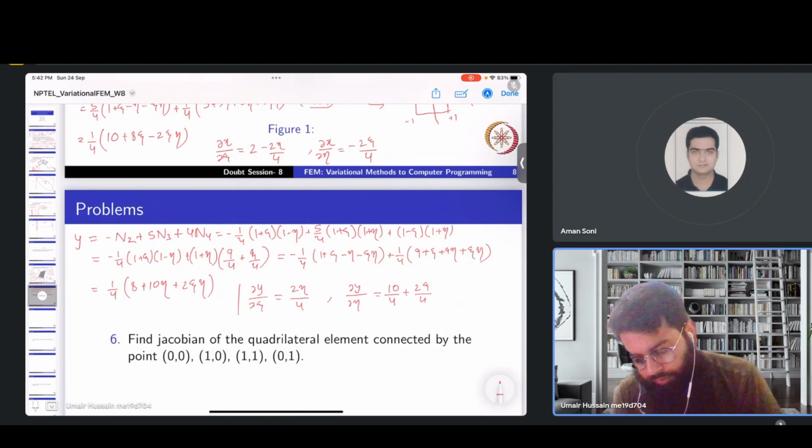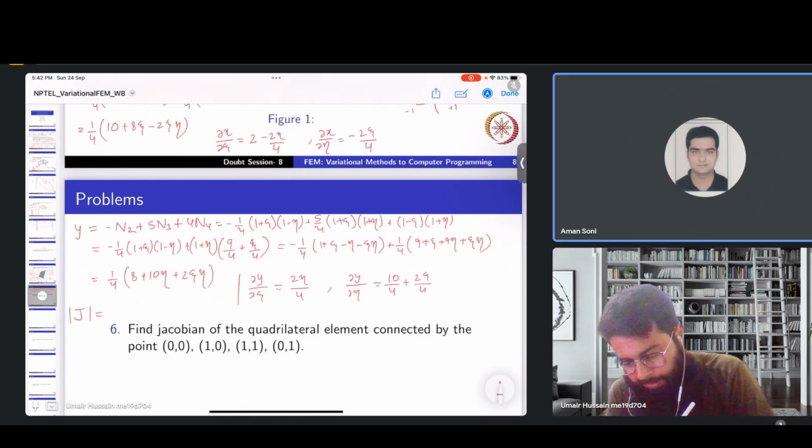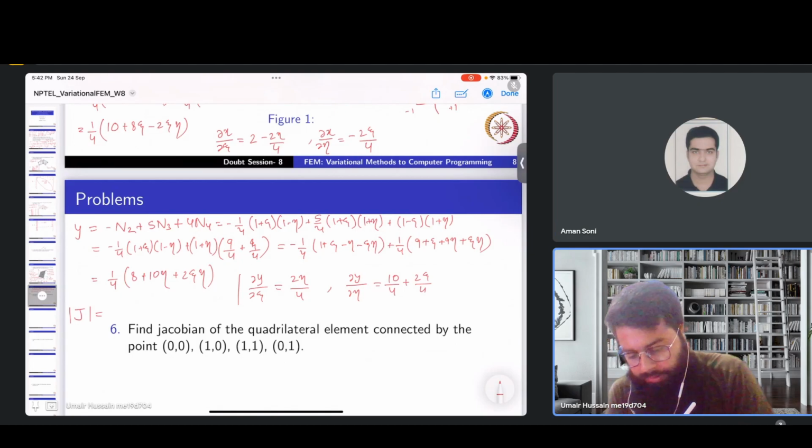So if you want to find a Jacobian, determinant of Jacobian actually, I have my elements multiplied together.